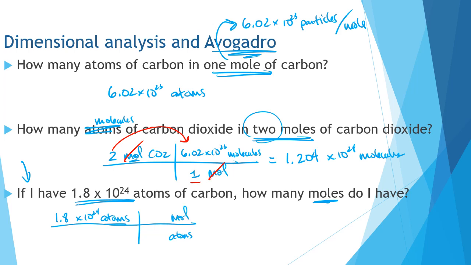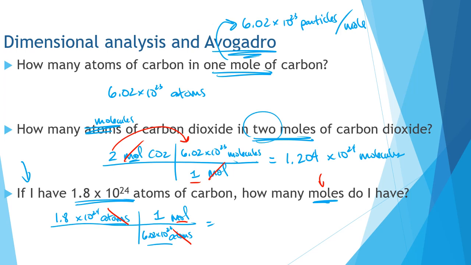What do I know about atoms and moles? Well, I know that there are always 6.02 times 10 to the 23rd things, like atoms, in a mole. 1 mole is equal to 6.02 times 10 to the 23rd atoms. So my atoms cancel out. I'm left with moles, which is good because that's what my question is asking for.